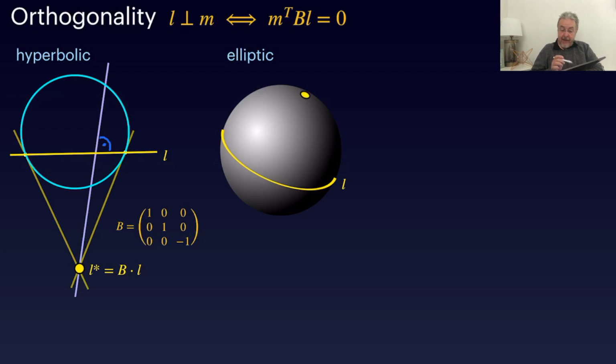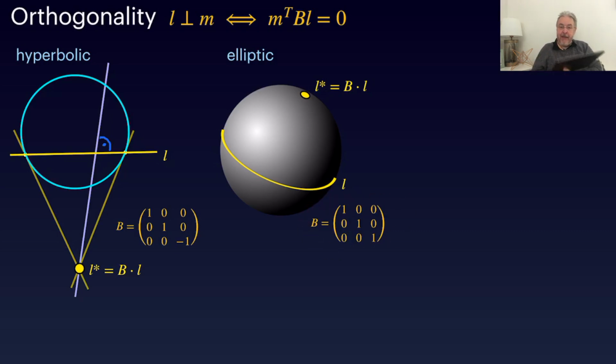So actually in this embedding, if we take a line and the corresponding vector that represents it, it's exactly the vector that points to the pole of that line, because in that case our matrix is just the unit matrix. So multiplying the homogeneous coordinates of L by the unit matrix just gives the coordinates of the vector that represents the line. So there is no change here.